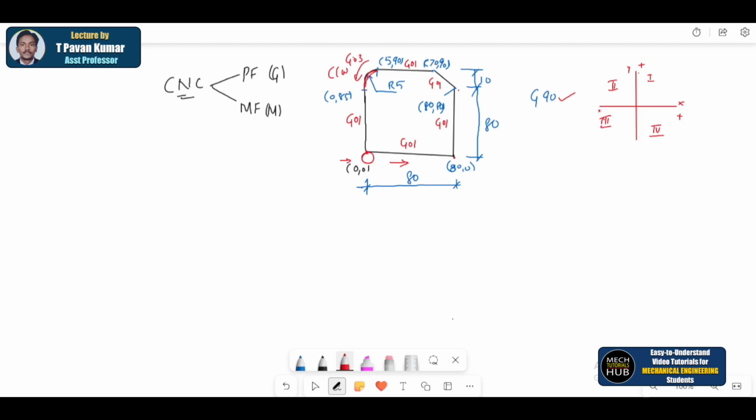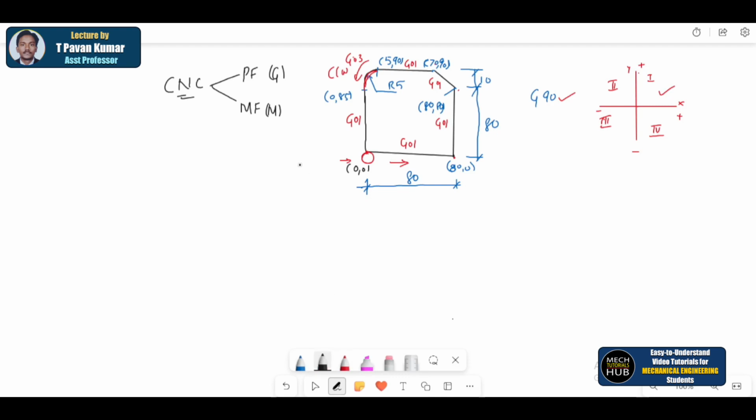Then this is negative, this is negative. Now I have considered this point as origin, and I'm moving around something like this. So this part or the workpiece belongs to the first quadrant, so all are becoming positive, both x and y. Based on that, I just try to go with writing a simple program.